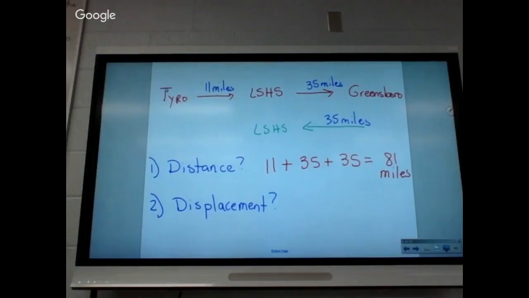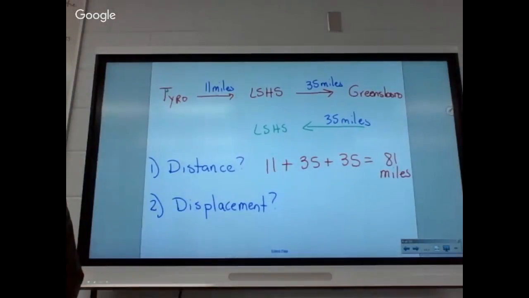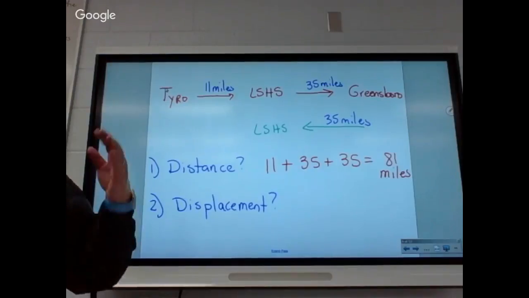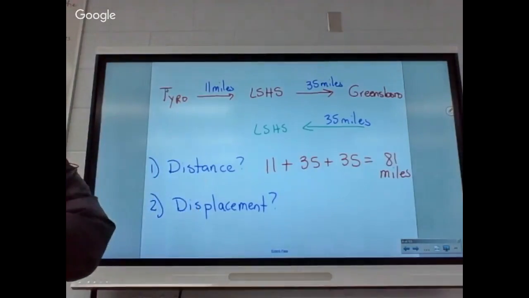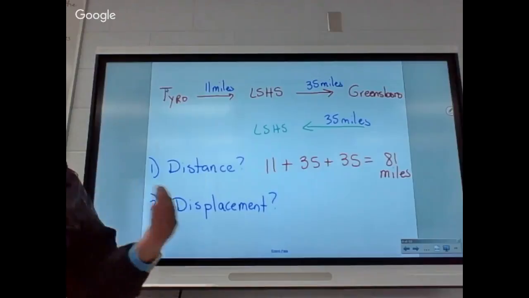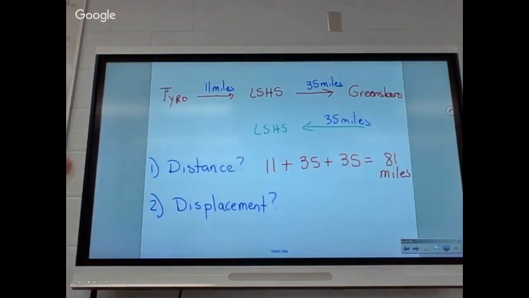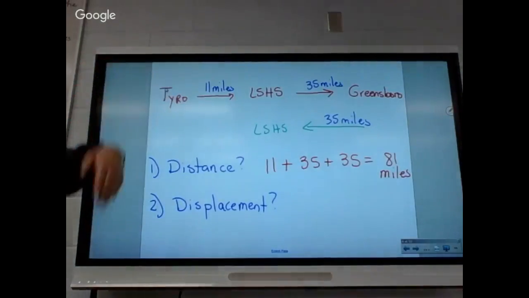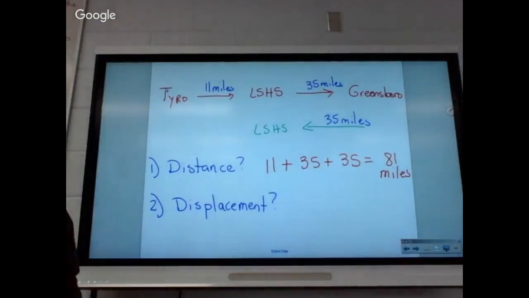Now, displacement. Displacement is about how far you are from where you start and where you stop. Remember, things cancel out. Any place that you backtrack will cancel each other out, and you've got to take it out of the problem. So, does any part of this description cancel each other out where we backtracked?